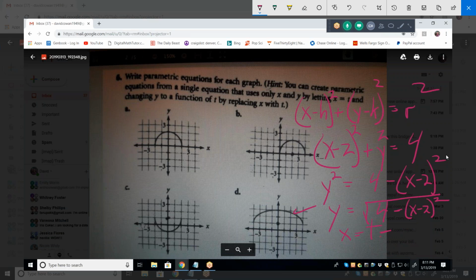So they're going to let x equal t plus 2, and now y becomes the square root of 4 minus t squared. That way I don't have to FOIL that out.